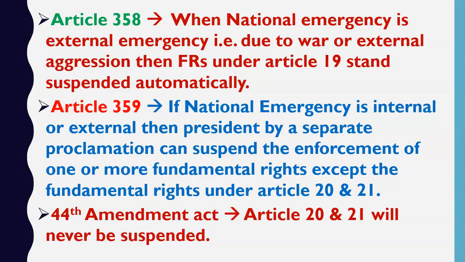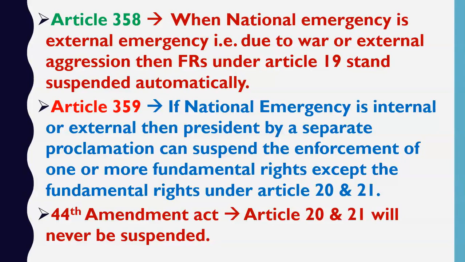But the President cannot suspend the enforcement of fundamental rights under Article 20 and 21. This was added by the 44th Amendment Act, so Articles 20 and 21 are never suspended. Now, one thing to pay attention to: Article 358 provides for automatic suspension, so the Union Council of Ministers and the President do not enjoy discretionary power regarding suspension of freedoms under Article 19.